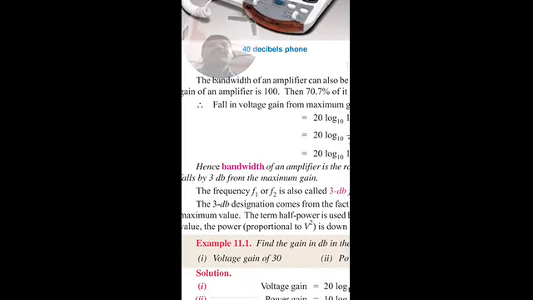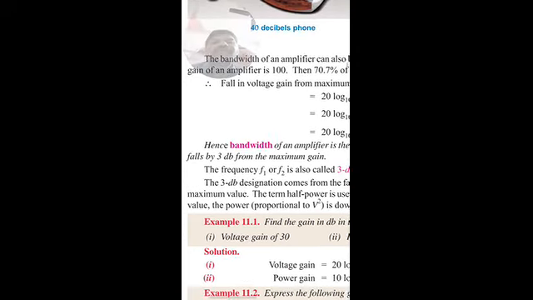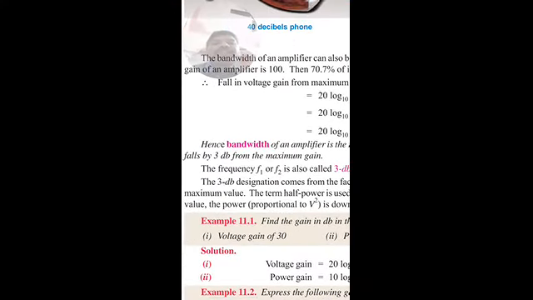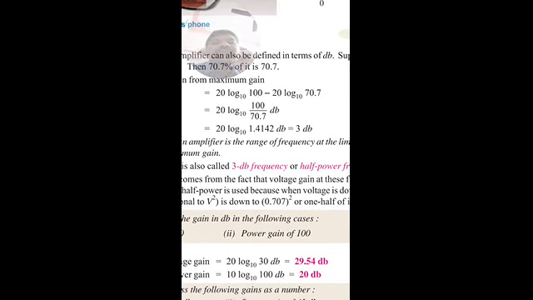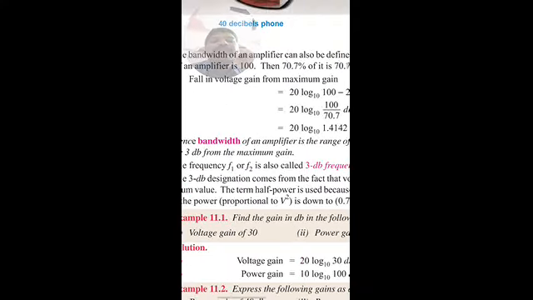Hence this range we call the 3 dB range, and the frequencies corresponding to it are called 3 dB frequencies. F1 and F2 are the 3 dB frequencies or half power frequencies. The 3 dB comes from the fact that the voltage gain at these frequencies is 3 dB below the maximum value.